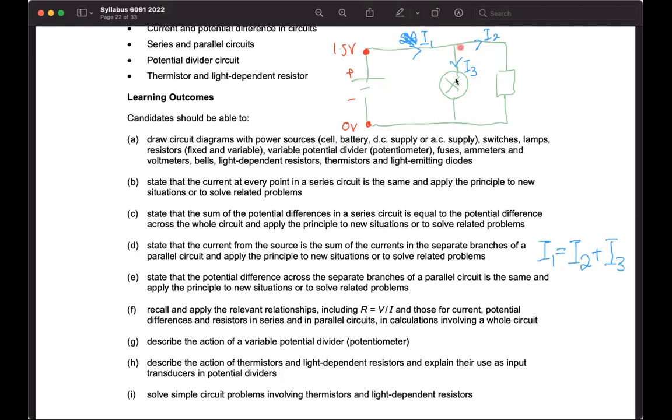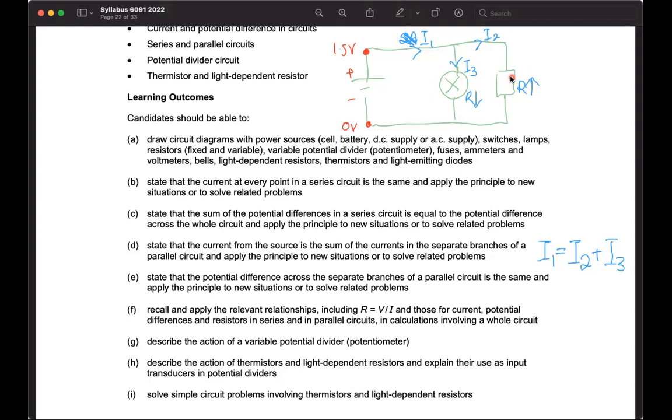Let's say, for example, the resistance of the bulb is low and the resistance of the resistor is high. If you are the current, you want to make life easier for yourself. Most of you will go through the low resistance load, and the high resistance load will have less current because it is more resistant, harder to go through.